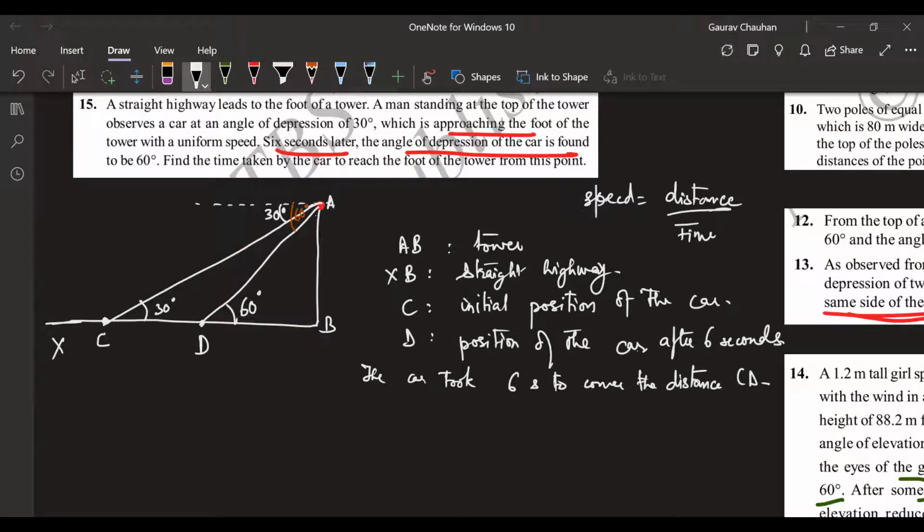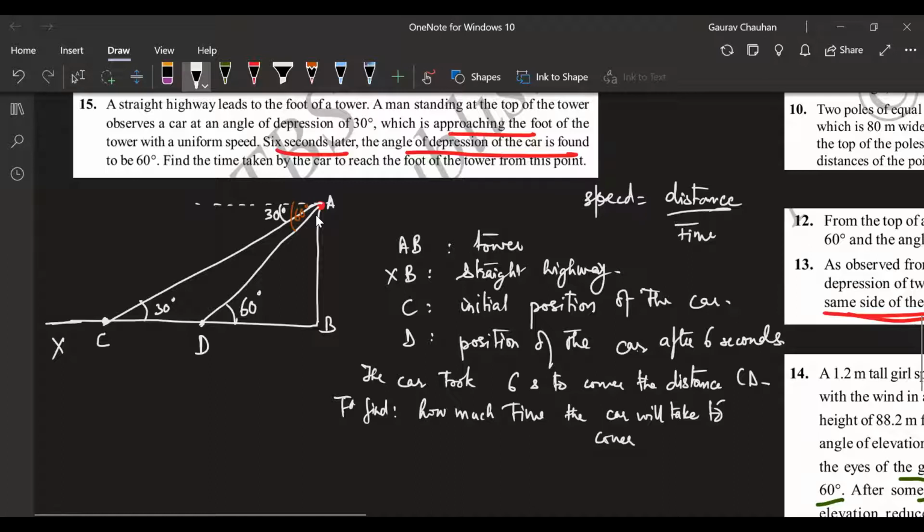And the question is asking us to find, I'm writing this here because it's important to understand more clearly, how much time the car will take to cover which distance? To cover which distance?